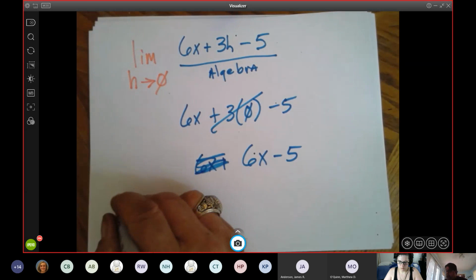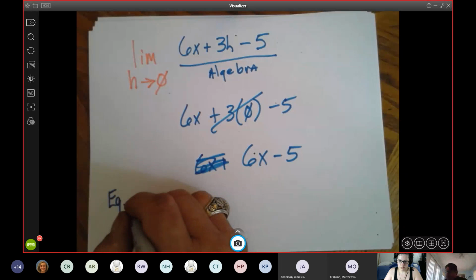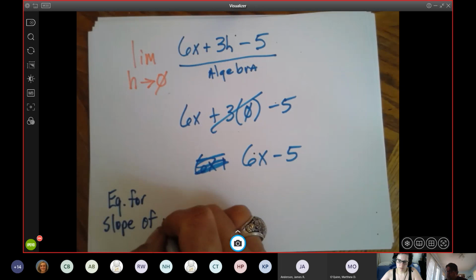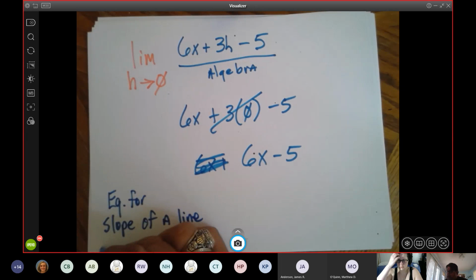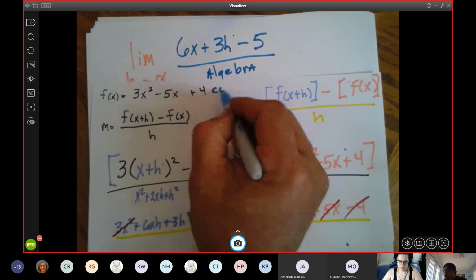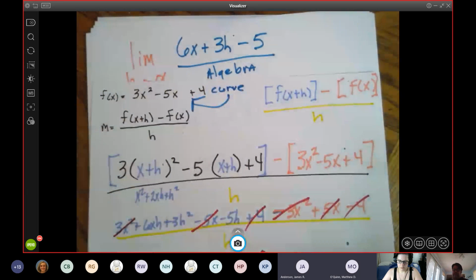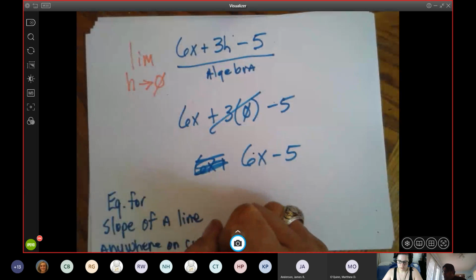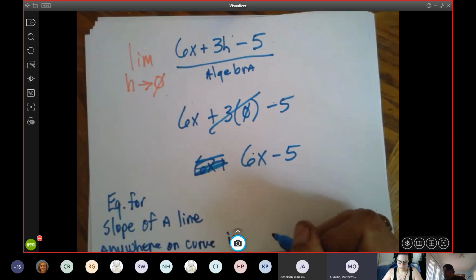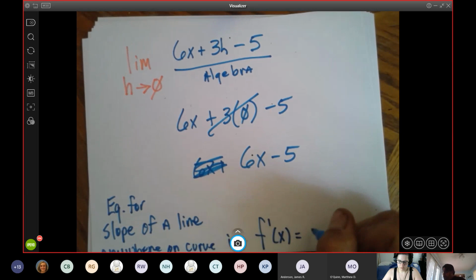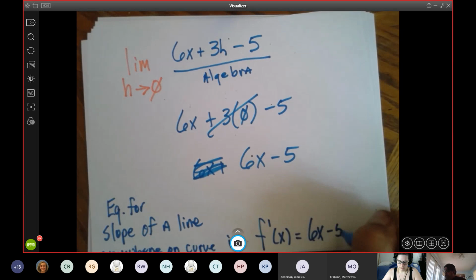So the slope, or the equation for the slope of a line anywhere on that curve, on this curve right here, anywhere on this curve is, I'm going to call it f prime of x, is equal to 6x minus 5.